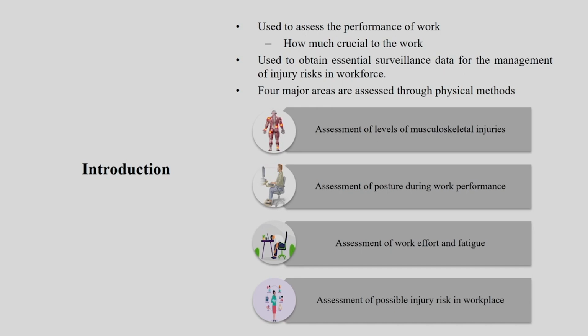So how crucial that is to the work, and it is used to obtain the essential surveillance data for the management of injury risk in that particular workforce. Whenever we are talking about physical methods in ergonomics, it covers a lot of things related to physical injury, physical hazard, physical risk assessment and all those things.